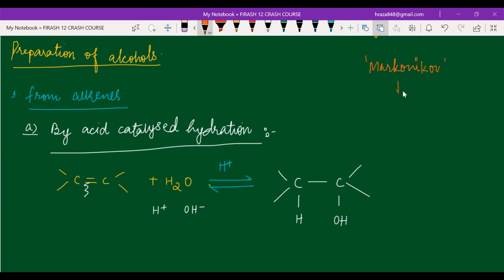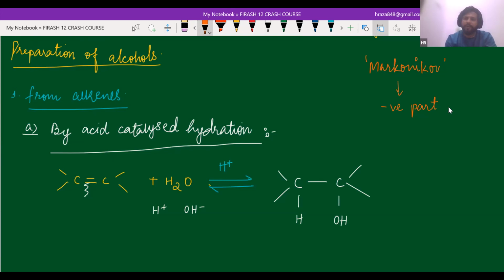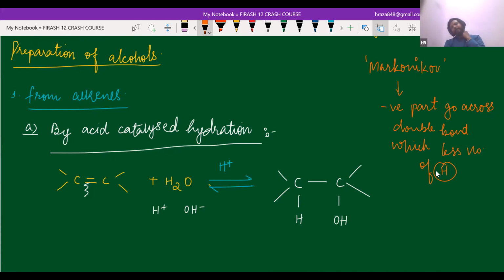Yes, sir. Markovnikov says that the negative part of the addendum goes across the double bond carbon which has a lesser number of hydrogens, and the positive part will go to that carbon which has a greater number of hydrogens.